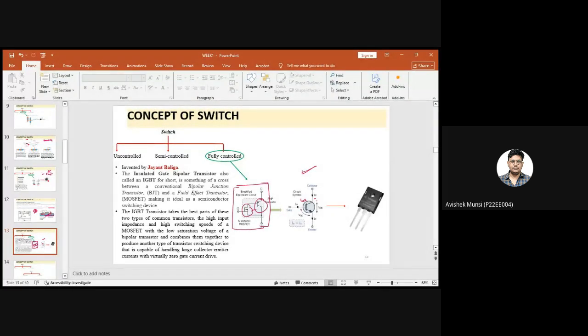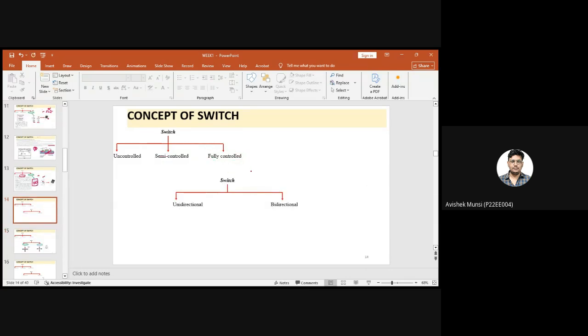In IGBT, there is no such body diode, so it is not a bidirectional switch, but we use it in designing inverters and all. In that case, we have to add an anti-parallel diode in between. Okay, so this was invented by an Indian, Jayant Baliga, so I put the name here. So the IGBT is also an example of a fully controlled switch. Okay.